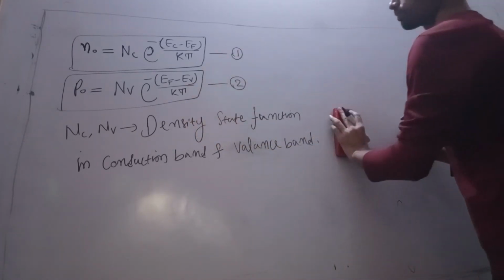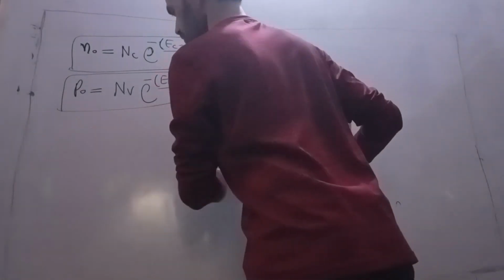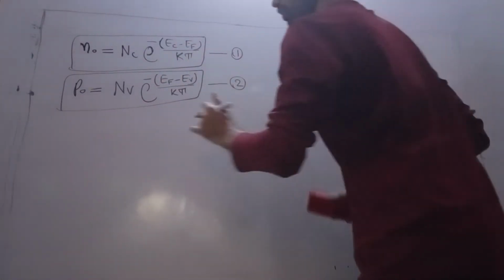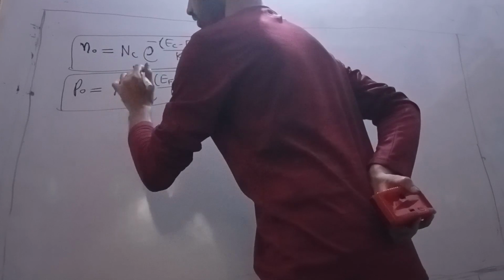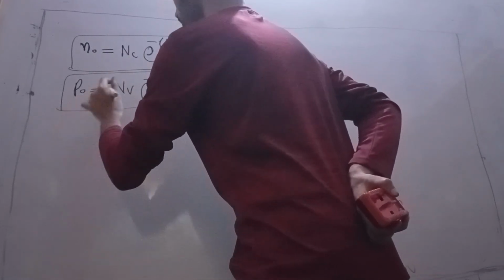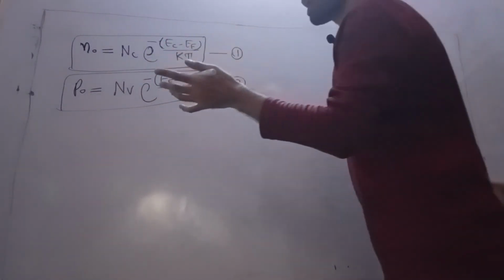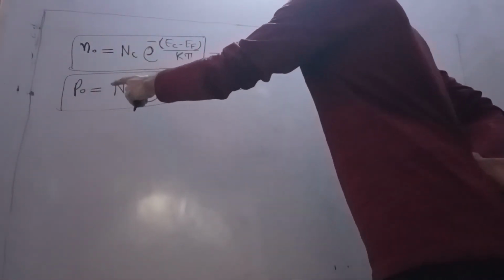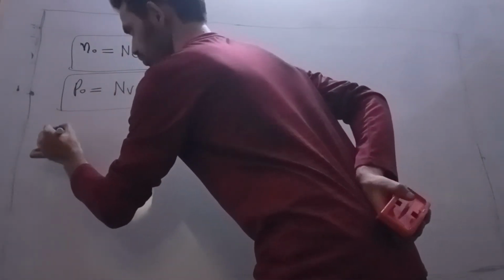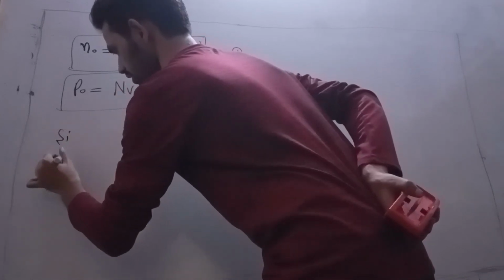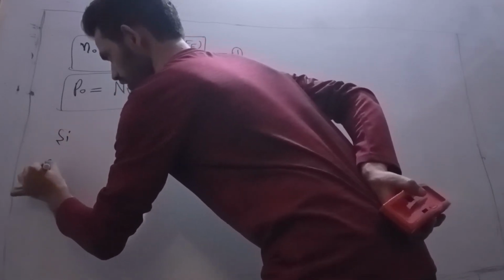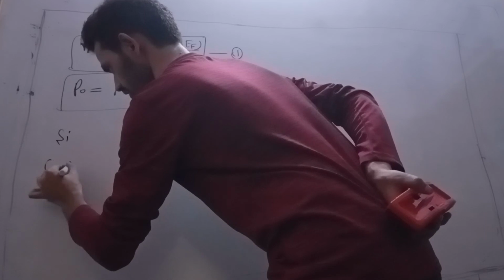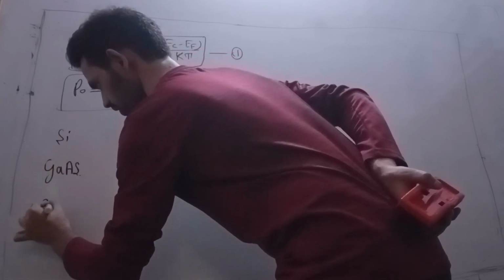Now we will see some values for Nc and Nv, for effective mass, and for the density of state function, first for silicon, then gallium arsenide and germanium.